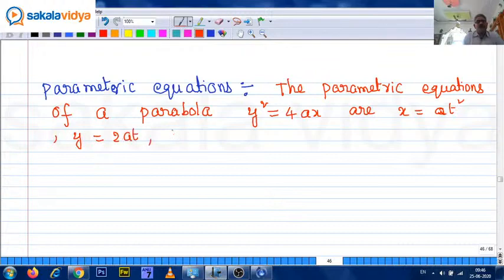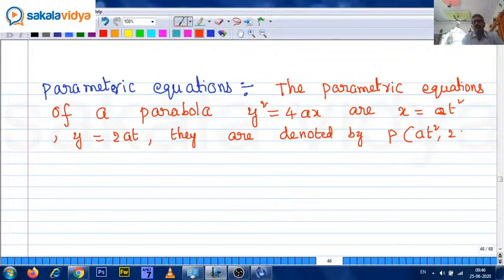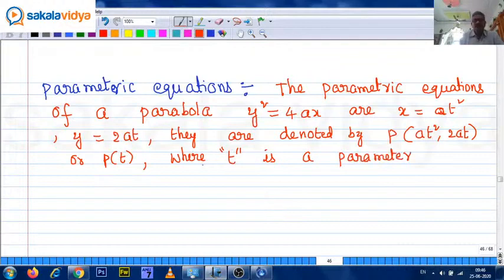They are denoted by P of at square comma 2at, or simply we can write P of t. P of t stands for at square comma 2at, where t is a parameter. Parameter means arbitrary constant. These are the parametric equations of a parabola.